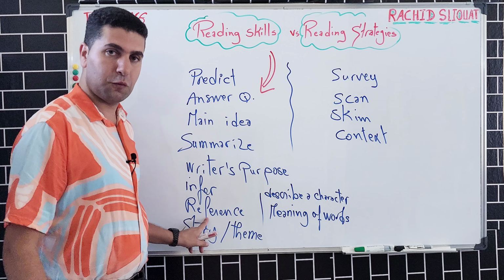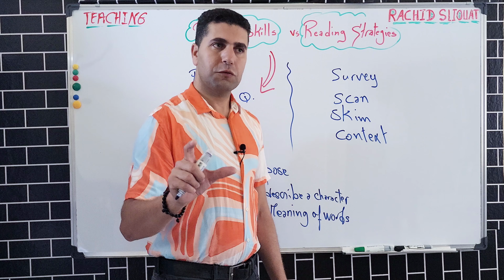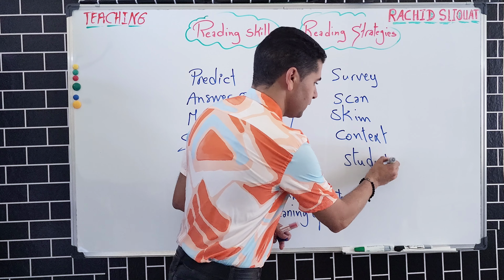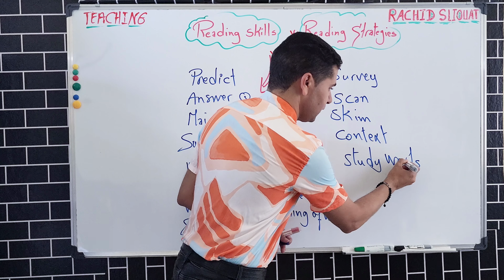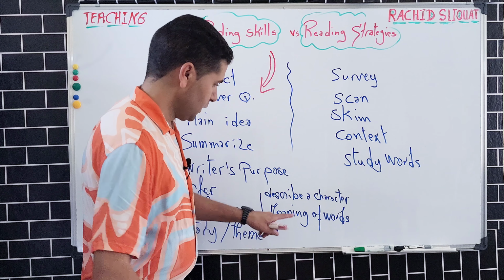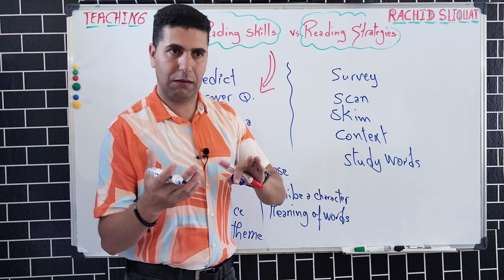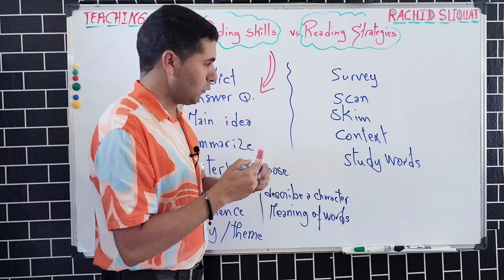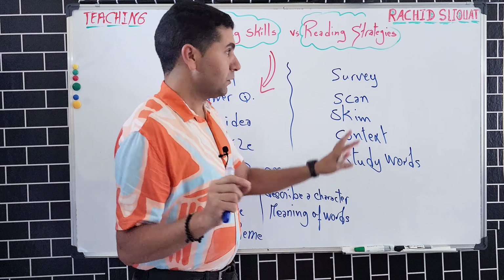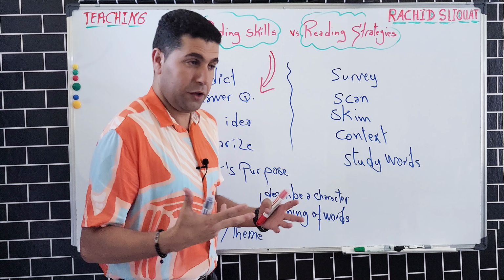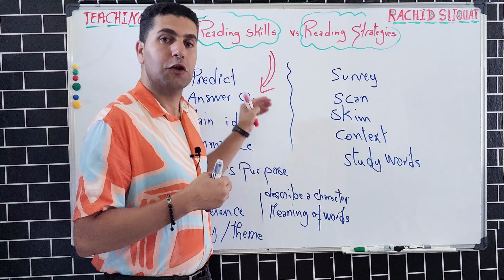It's also very important for reference. They can also study the words. This is very important for the meaning of words. So the student can study the word. Is it a verb? Is it a noun? Is it an adjective? Etc. So these are some examples of strategies that we have to train students on in order to help them do this.